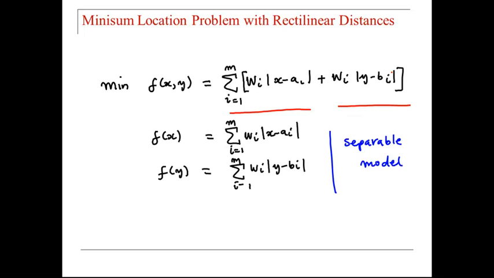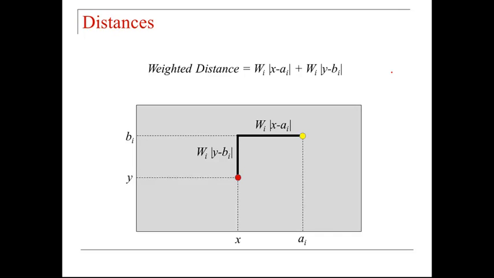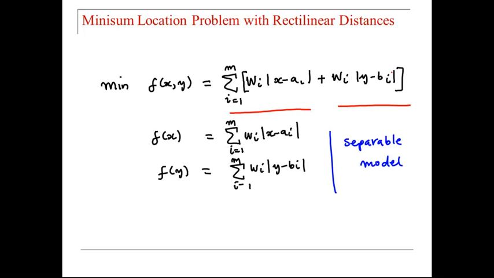And then we can formulate our problem. So we are going to minimize the sum of the weighted distances, which is here. Actually, we are looking only at the objective function right now.